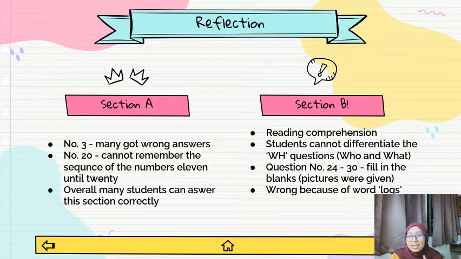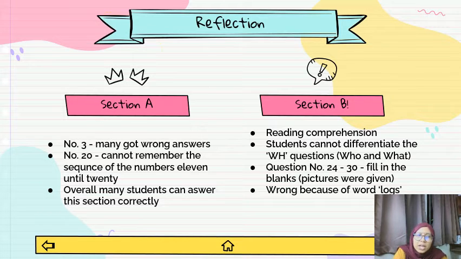The first part is for reading comprehension, where the student needs to read a short paragraph and then answer the questions, and the questions given are only three. And I stated here, students cannot differentiate the WH questions, which are about who and what.